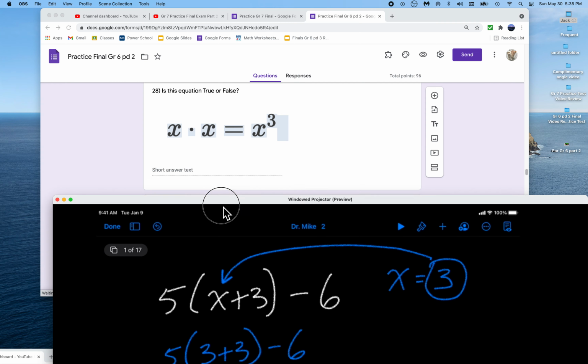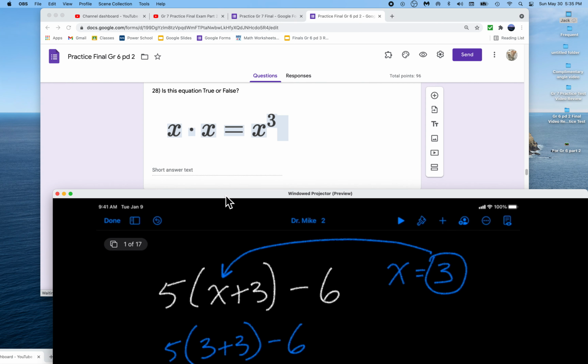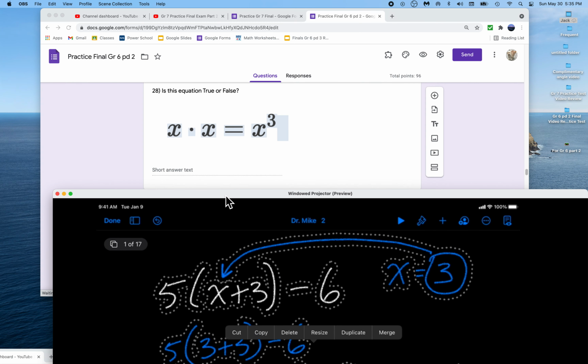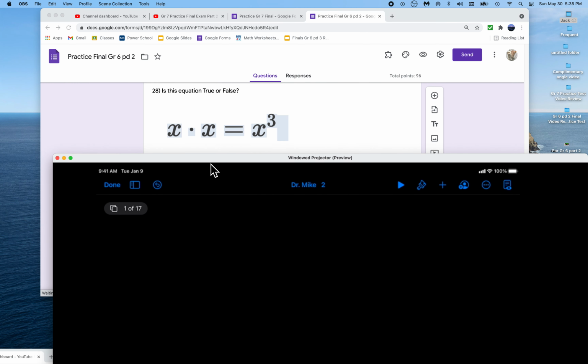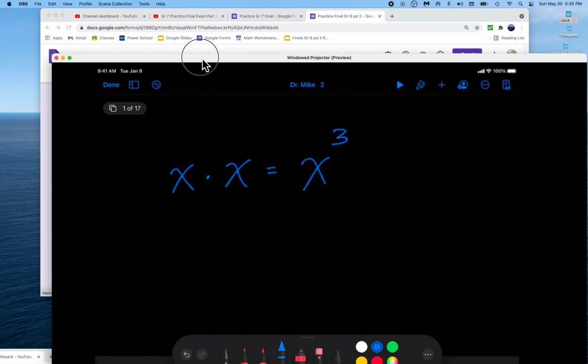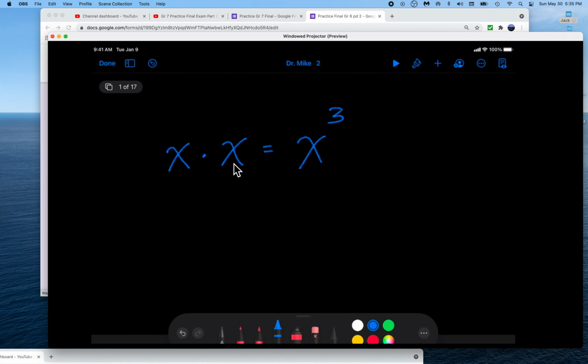Next one. Is this equation true or false? Let's look at this. Let me rewrite it. Okay. Ladies and gentlemen, when you have common bases and you're multiplying, you are allowed to add the exponents.